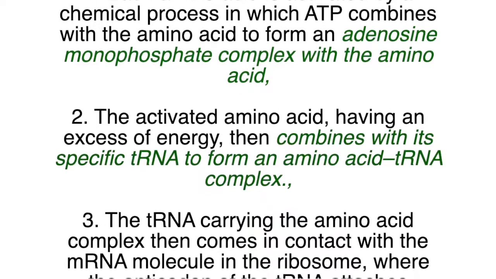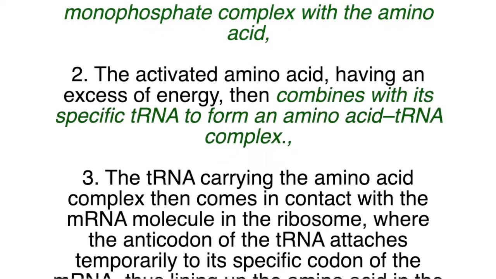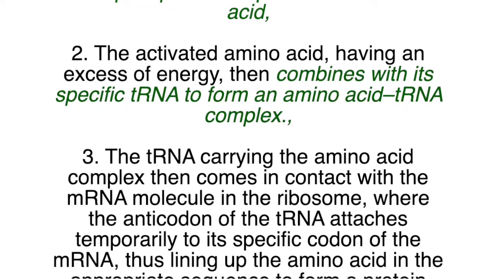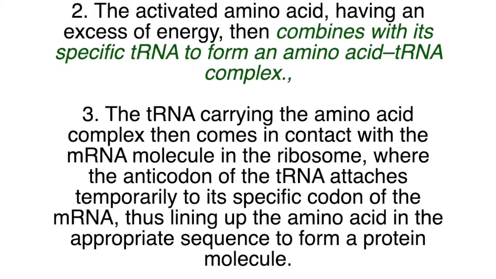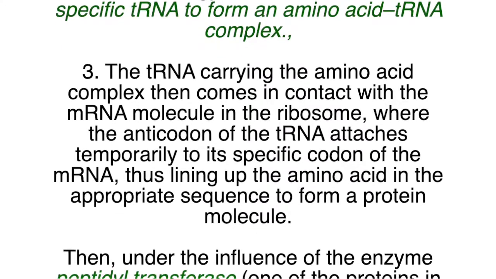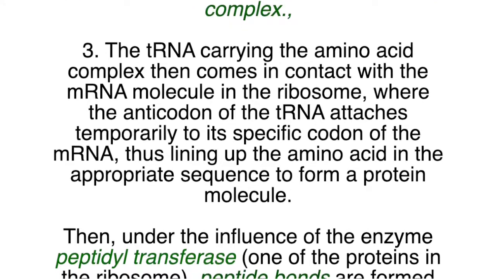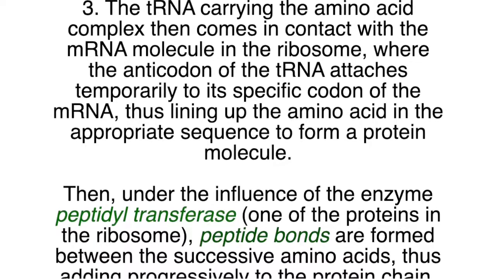The tRNA carrying the amino acid complex then comes in contact with the mRNA molecule in the ribosome, where the anticodon of the tRNA attaches temporarily to its specific codon of the mRNA, thus lining up the amino acid in the appropriate sequence to form a protein molecule.